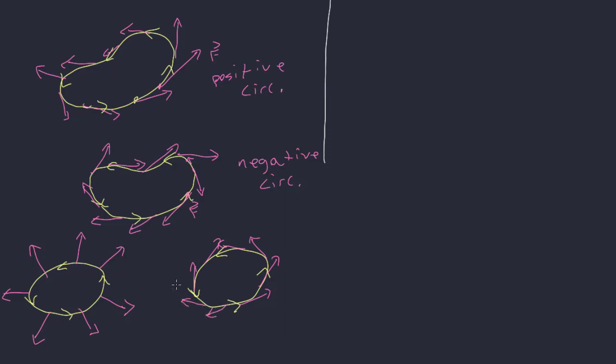Okay, so this would be a zero circulation. So it's either completely perpendicular to C or balanced in a way that it cancels out.